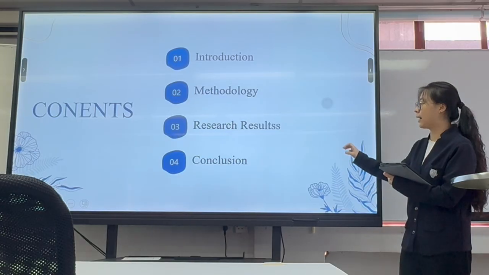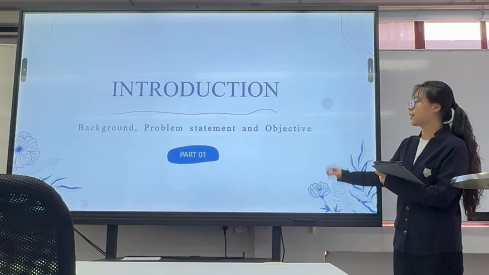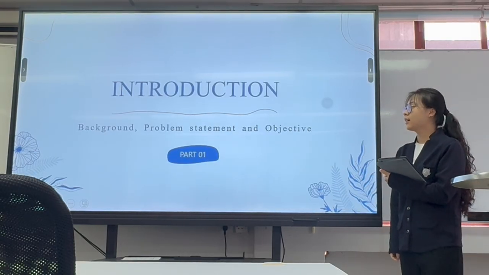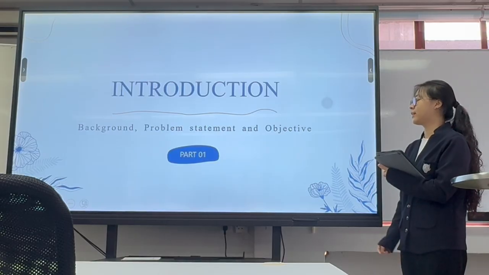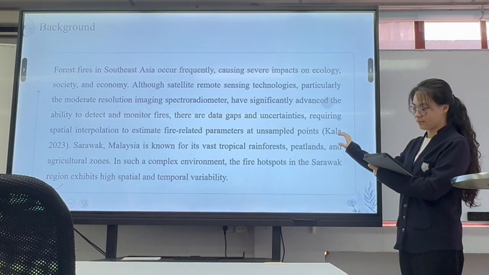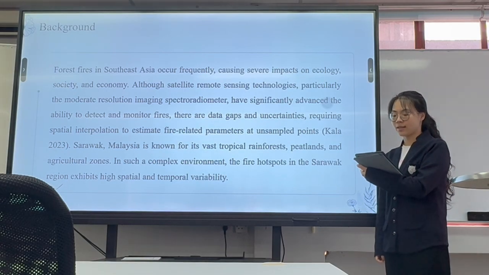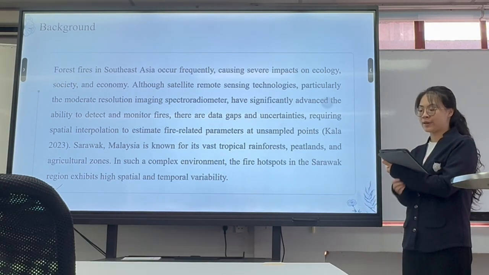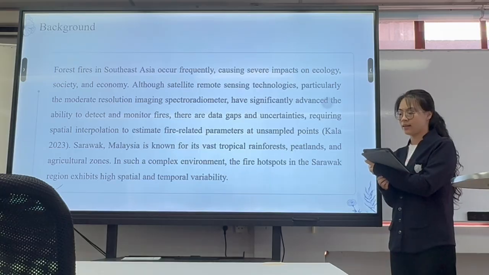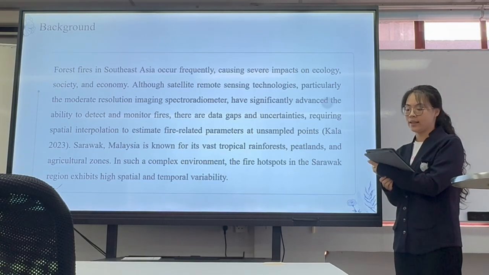The presentation extends from 4 parts. The first part is the introduction, the background, problem statement, and objective. Forest fires in Southeast Asia occur frequently, causing severe impacts on ecology, society, and economy.